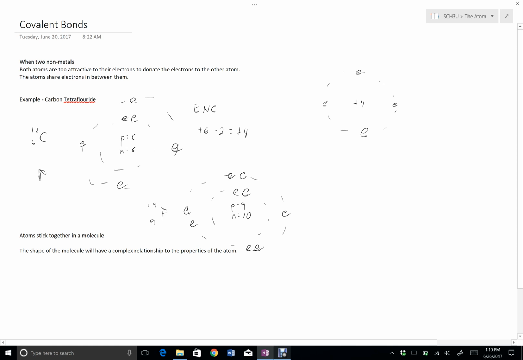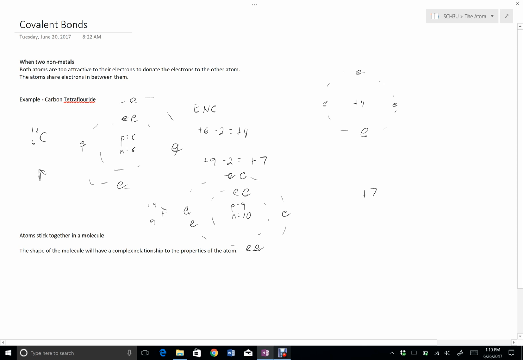The 7 on the outside are shielded by the 2 on the inside, so we have plus 9 in the nucleus, shielded by 2 electrons, for an effective nuclear charge of plus 7. And so what we get is a plus 7 with 7 electrons around it.